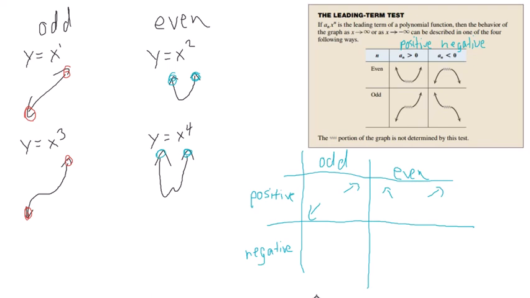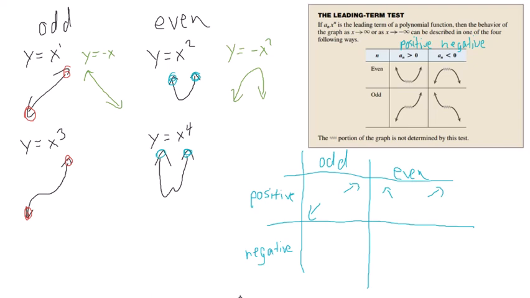Now, I didn't do any with negative, so let me quickly do a negative example. So let's say I use y equals negative x. Well, then that's just going to look like that. If I do y equals negative x squared, well, then we know that's going to look like that.